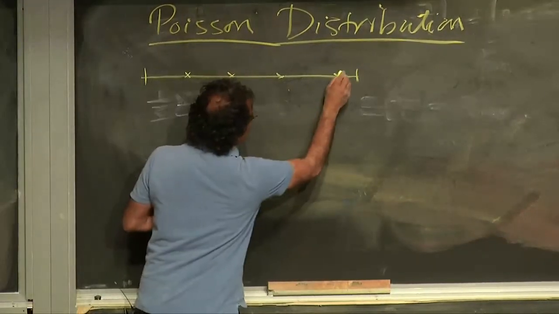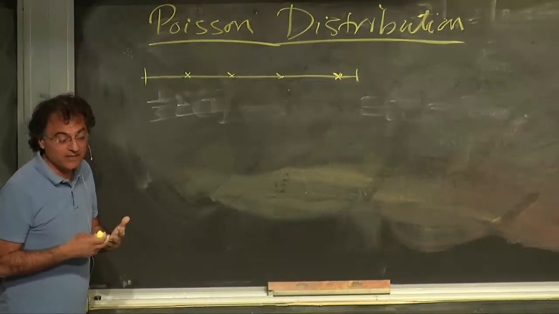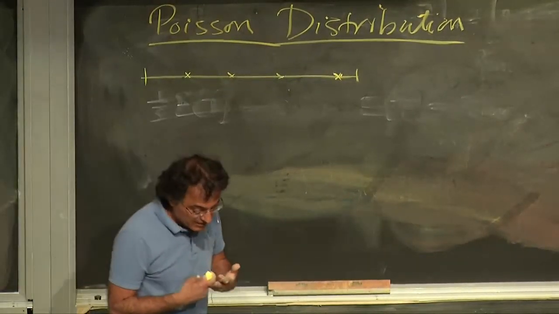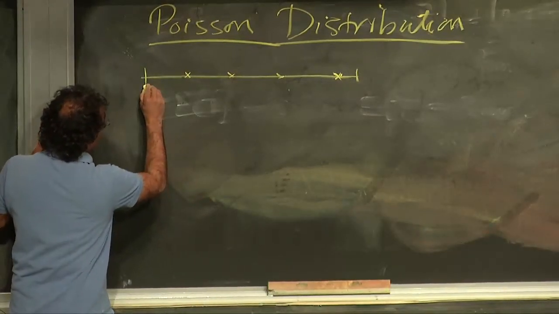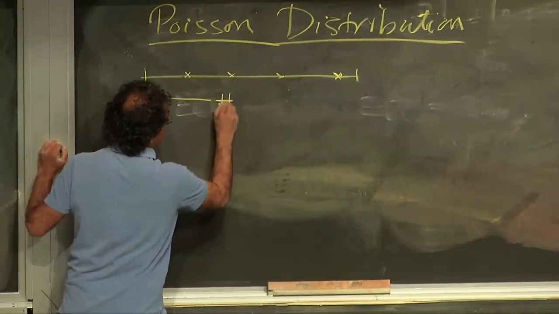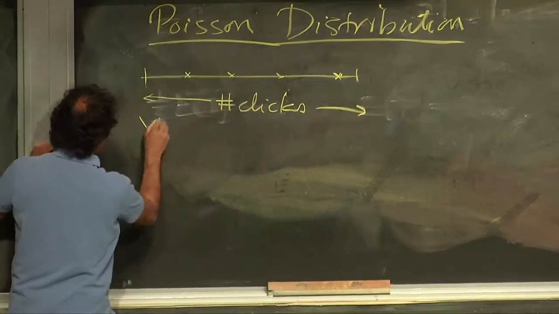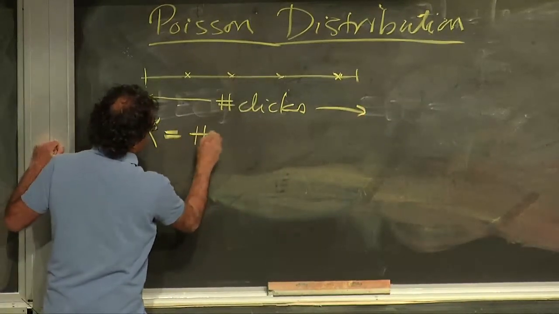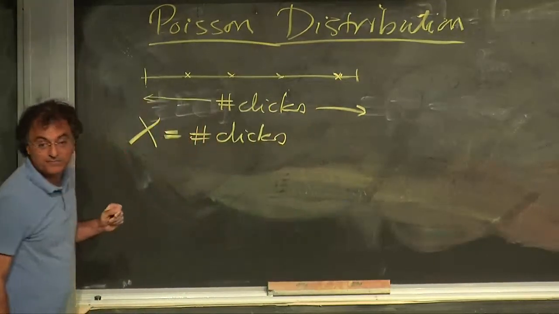Okay, so now it turns out that the interesting thing in this distribution is, we have an interval within which we want to know the number of clicks. Okay, so that's our random variable. X is equal to the number of clicks during this interval of time, right?